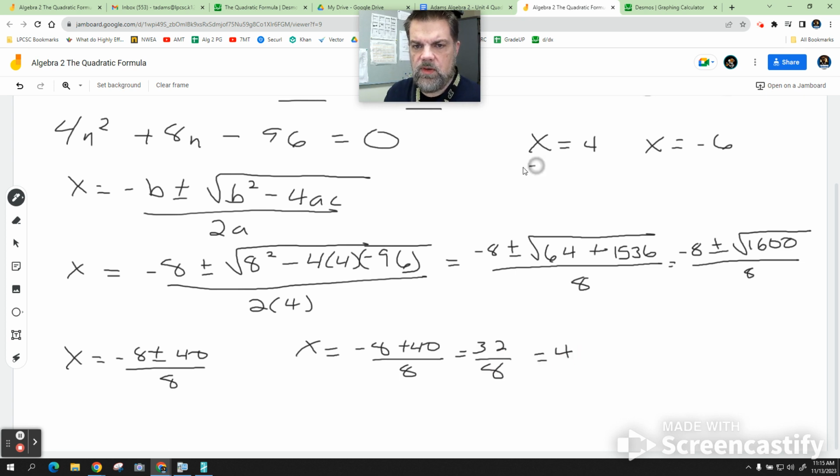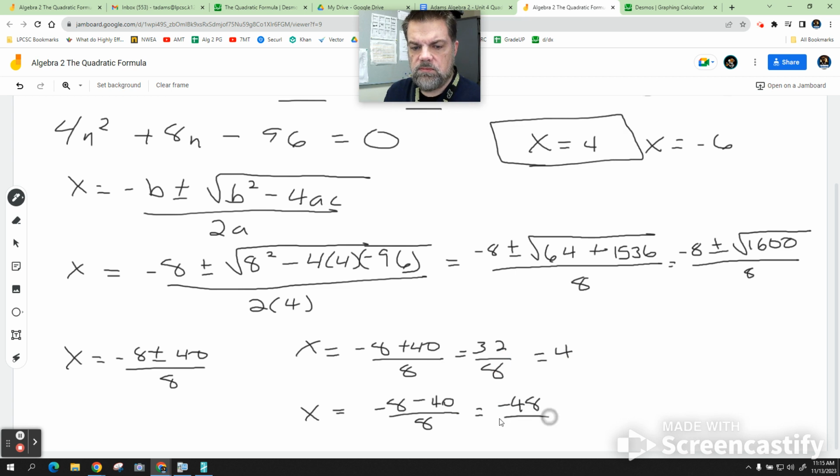So that's this one. And then I get x equals negative 8 minus 40 over 8, which is equal to negative 48 divided by 8.